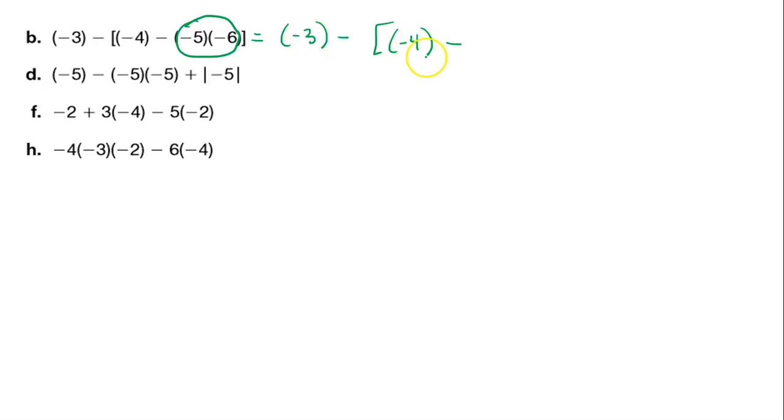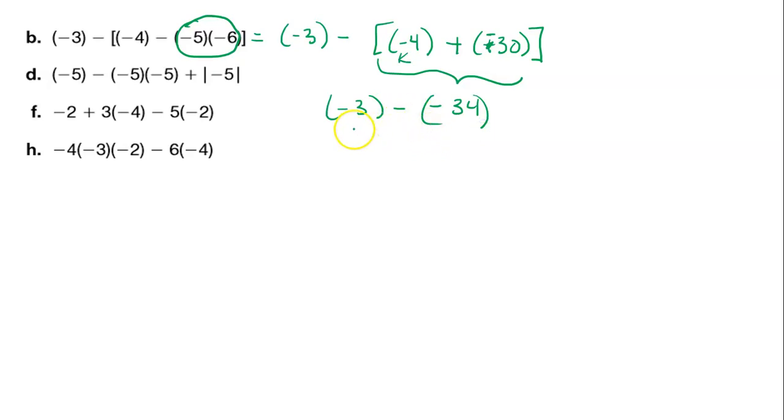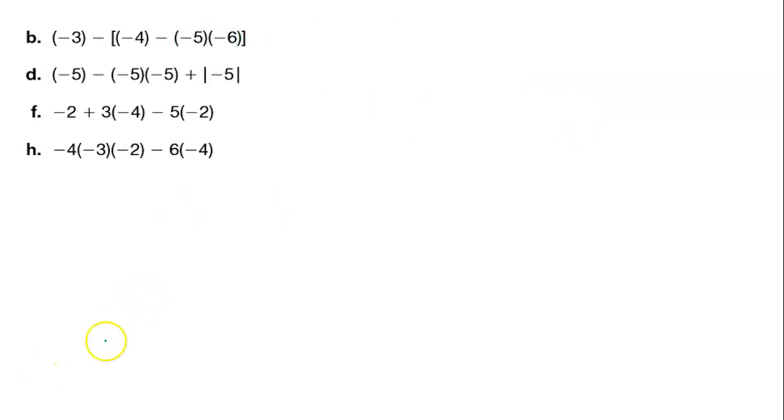So that's negative 5 times negative 6, which is positive 30. Then we need to do what's in the brackets. So this is a subtraction problem. So we keep, change, change. That gives me negative 34, negative 4 plus negative 30. So I have negative 3 minus negative 34. So again, we have a subtraction problem, keep, change, change, and I get positive 31. I'm going to erase that and we'll do D.